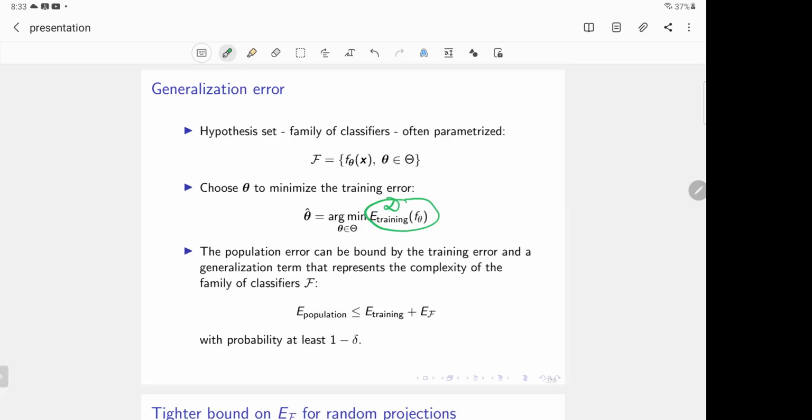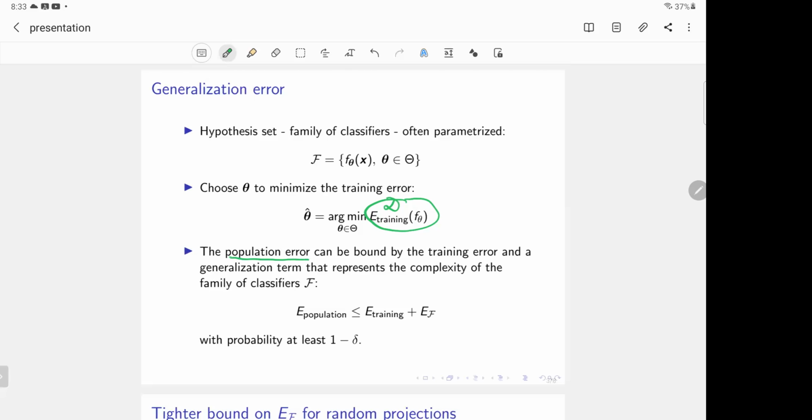But our ultimate goal is actually to classify data which we had not seen before, and we would like to know if the error on the new data will be close to the error on the training data set. In order to answer that question, it is useful to have a bound on the population error.